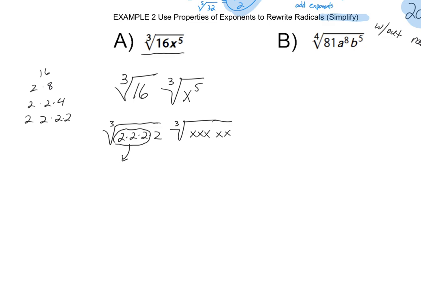Which means there's going to be one left over, right? For this group of 3 2's, because we have a cube root, I can take out 1 2, but that is going to leave me with a cube root of 2. That fourth 2 is going to be left over.